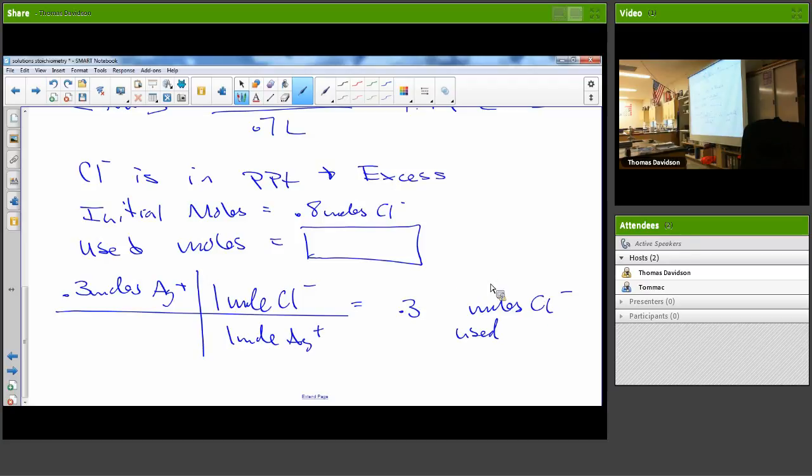All right? So I just put that up there. Now, I need to subtract these, right? So the excess moles will be equal to 0.5, right? And then to find concentration, I always have to divide by what?